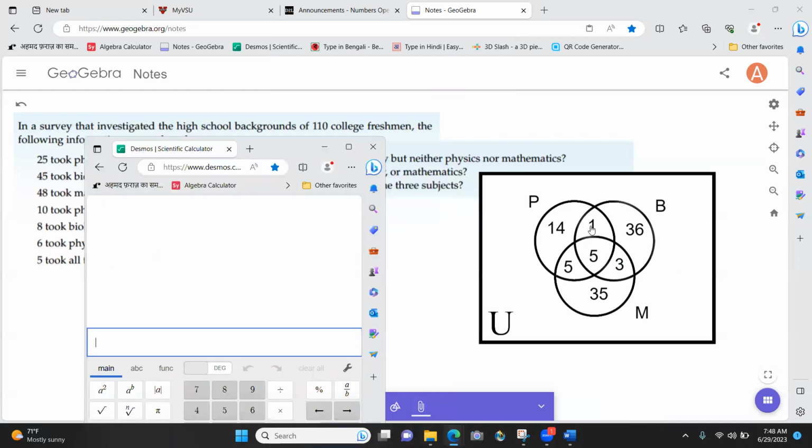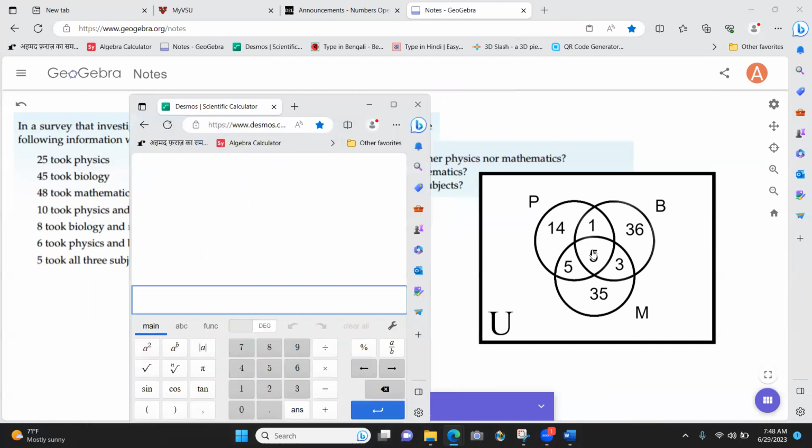I do know 14, 15, 20, 25 took physics. So the physics circle is 25. That's 25 from here. Then I'm going to add 35 plus 3. Then I'm going to add 36.